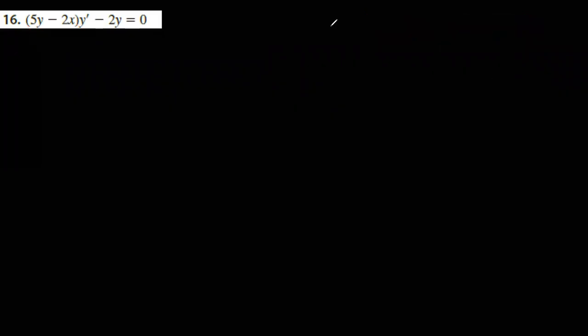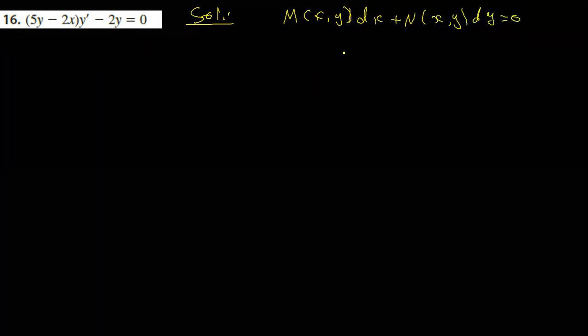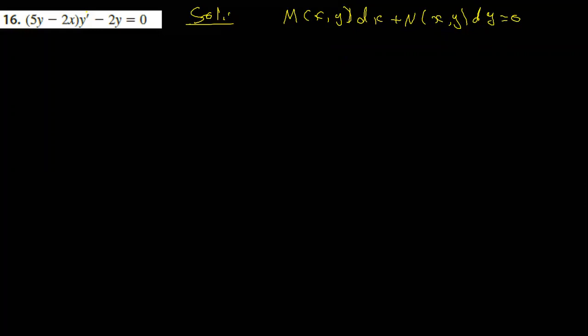To check if it is exact, I should write this equation in the form M(x,y) dx plus N(x,y) dy equals 0. So what should I do to write my equation in this form? I'm going to write my y prime as dy over dx.